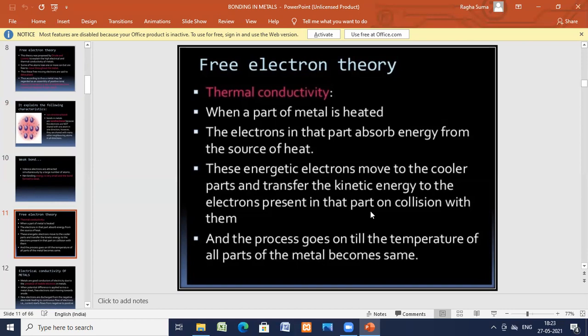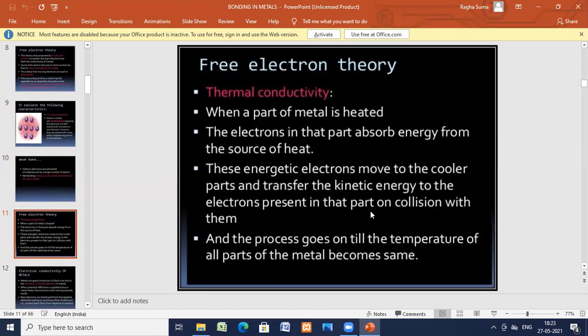After colliding, they transfer that energy to the part that is cool. The process goes on till the complete container gets the same temperature, that is, till the temperature of all parts of the metal becomes the same.